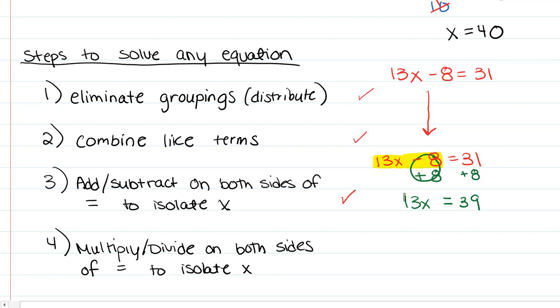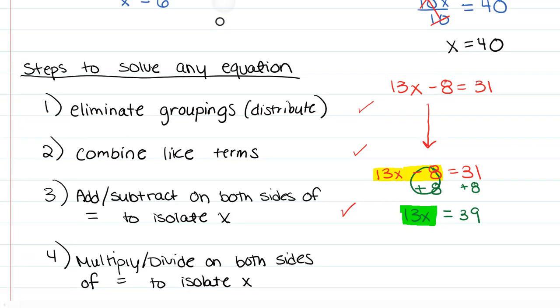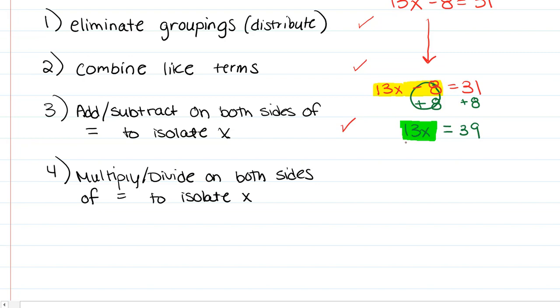I do still see multiplication on x, 13 times x, so I'm going to use the inverse operation, division, and divide both sides by 13. 13 divided by 13 is 1, so I've accomplished getting x by itself, and 39 divided by 13 is 3. So I have x equals 3, and those are the steps you can take to solve any equation.